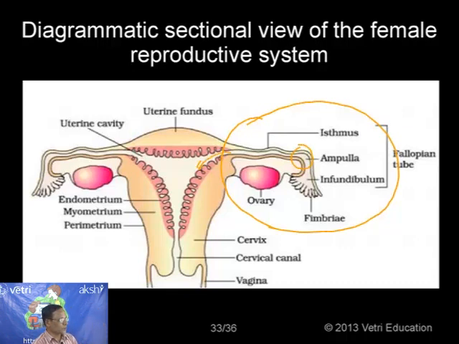The egg released by the ovary is collected with the help of finger-shaped structures called fimbriae and conducted to the ampulla region. Fertilization occurs normally at the junction of the isthmus and ampulla, so the isthmic-ampullary junction is the place of fertilization. You'll see this under the fertilization process. These are all the structures related to the female reproductive system.